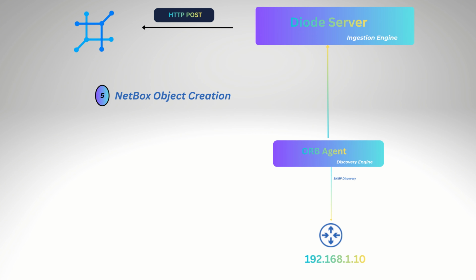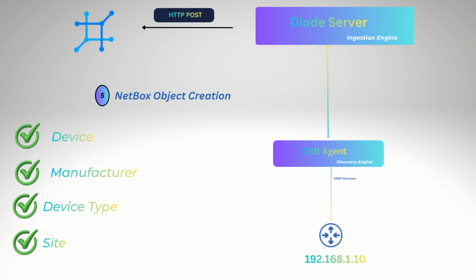First it creates the device, then sets the manufacturer and the device type, assigns the site we configured, sets the device role, then it creates all interfaces and finally assigns the IP address to those interfaces. So within seconds, I can refresh NetBox and see the new router with all its details populated automatically.